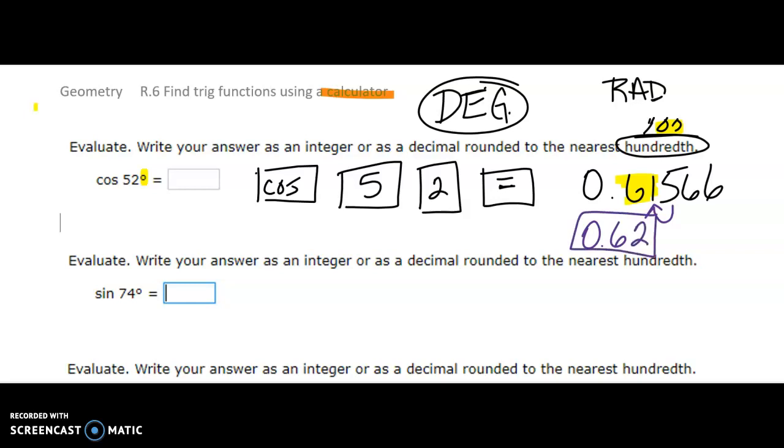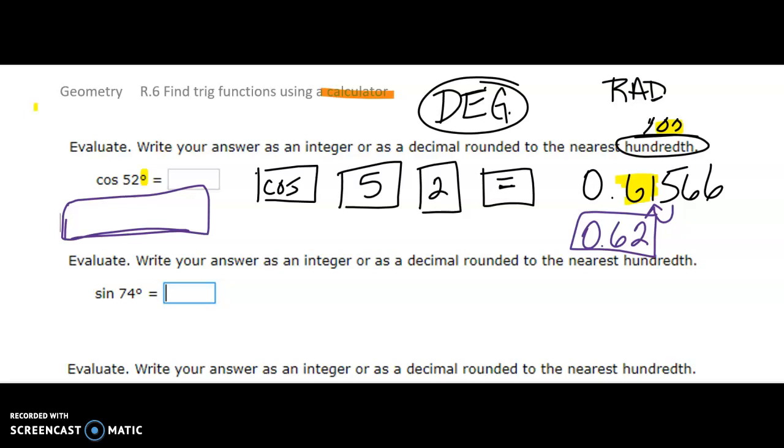Now, if you're doing this at home and you do not have a scientific calculator, you actually do have one and it's on your phone. If you have an iPhone, go to your calculator and put your phone in landscape mode, turn it sideways, not up and down, not portrait mode, but landscape mode. And there's all those buttons right there.